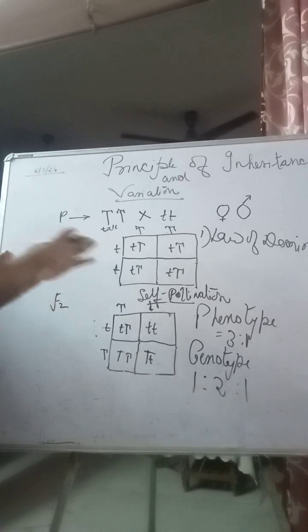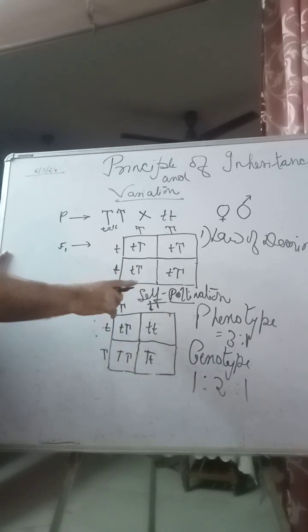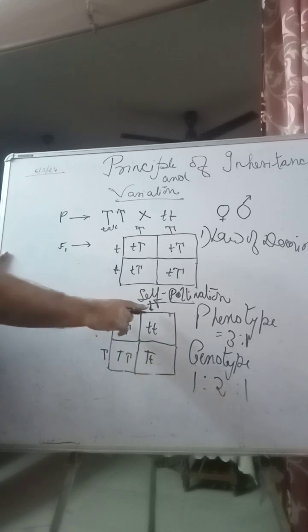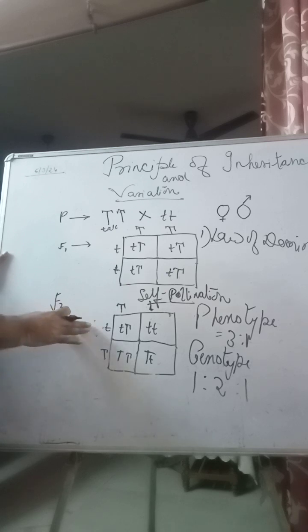But after self-pollination, what he found in the F2 generation, you can write it like this in this square. At the top, both the genes are there in the self-pollination of the plants, capital T, small t. This is the dominant one, this is recessive. Here also, on the side, the gametes are one recessive, one dominant.